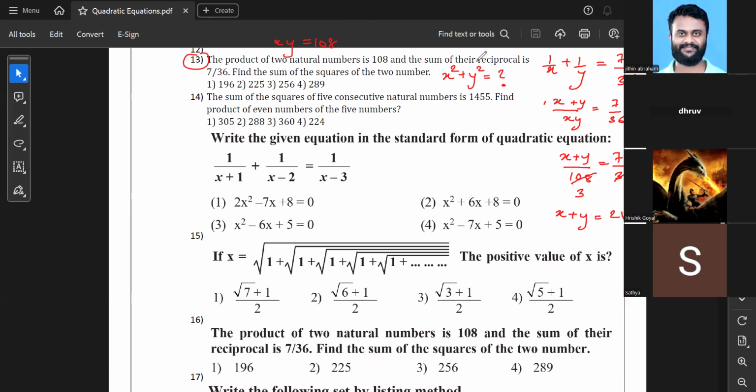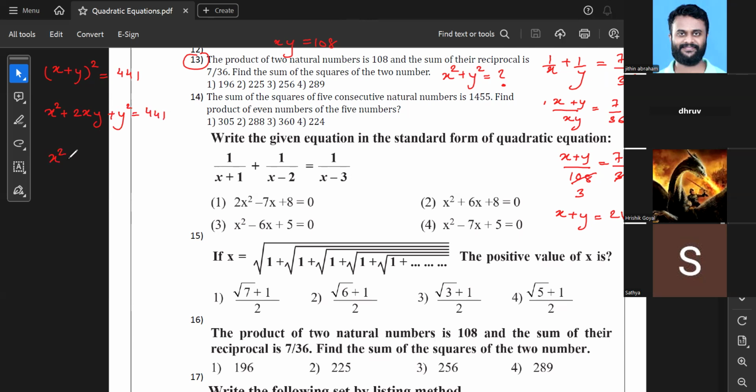Now, what they are expecting us to find is only x square plus y square. I can square both sides. (x plus y) the whole square is equal to 21 square, which is 441. When I open the brackets using the formula, that gives x square plus 2xy plus y square is equal to 441.